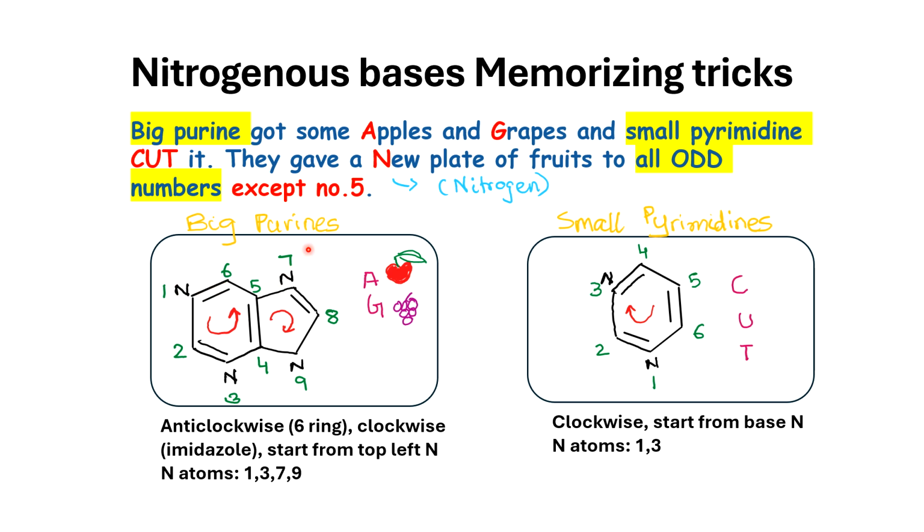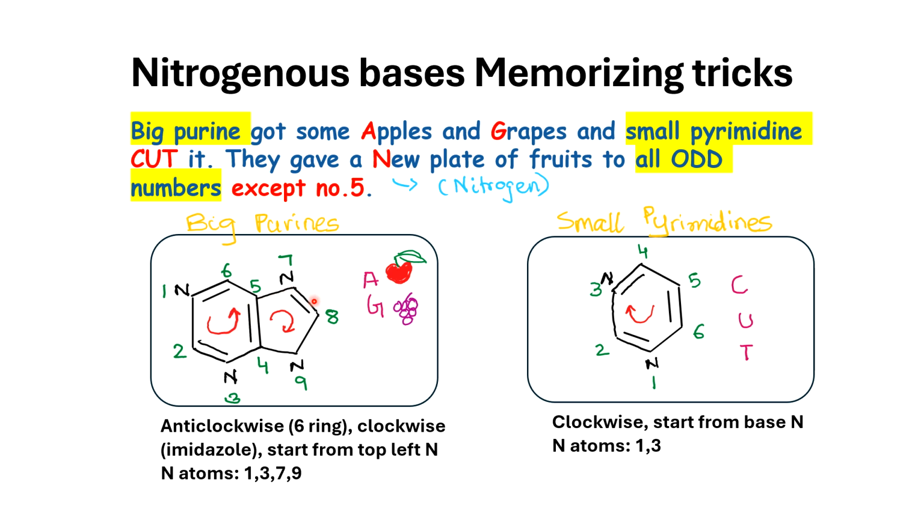Now, let us look at the counting conventions. For counting, if you see purines, then counting always starts from the top left nitrogen. The rule is that nitrogen always gets the first priority. So start from the top left nitrogen and you go in a counterclockwise or anti-clockwise direction for the 6-membered ring.